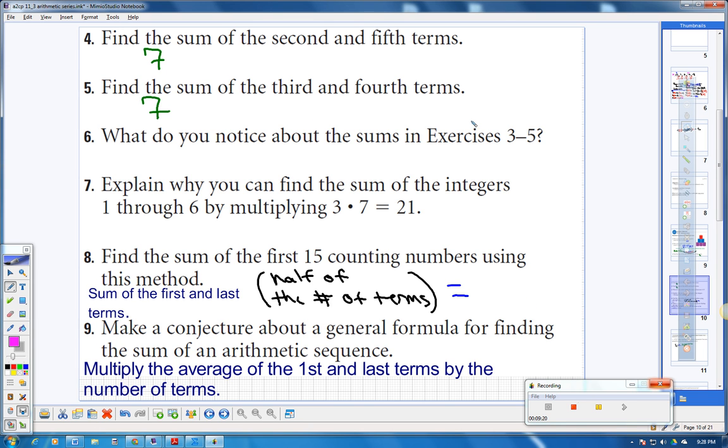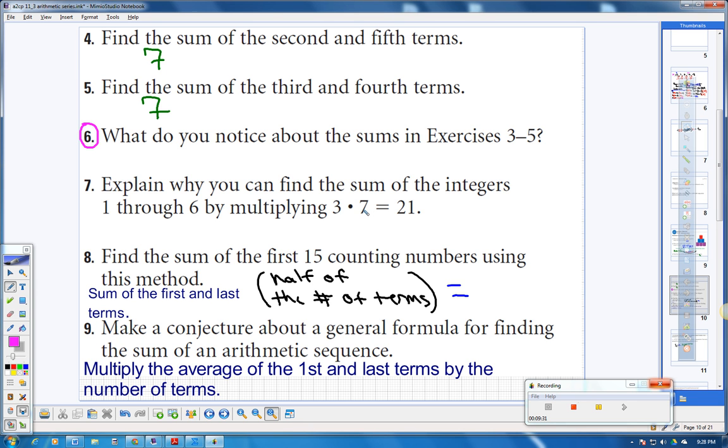All right. So I'm hoping that you did run through the lesson opener. You should have noticed in number 6, it was a key question, that, yeah, they were all 7. In exercises 3 through 5, they were all equivalent. They were all 7. And finding the sum of the integers of 1 through 6 is the same as multiplying 3 times 7.